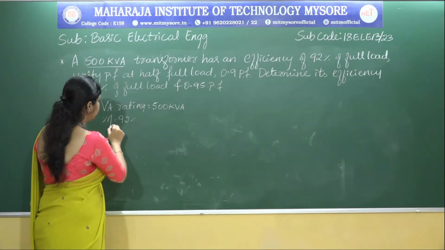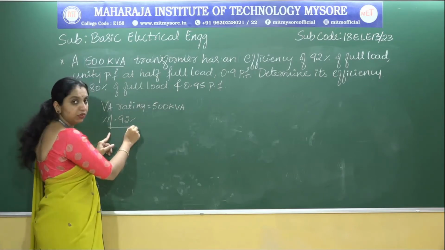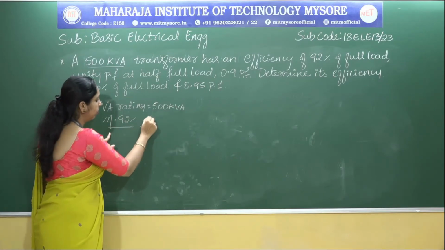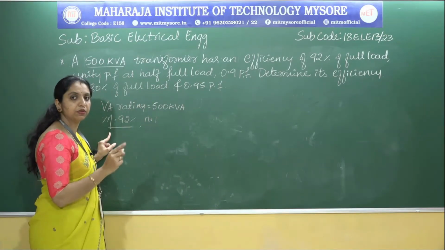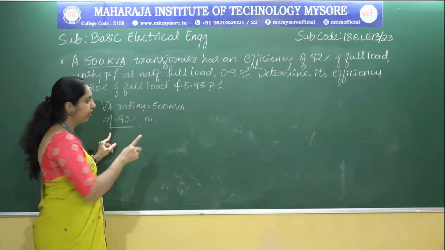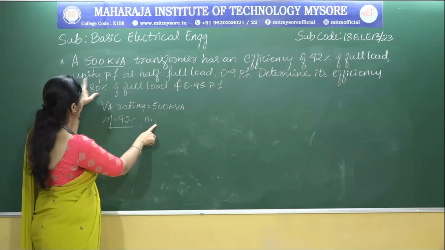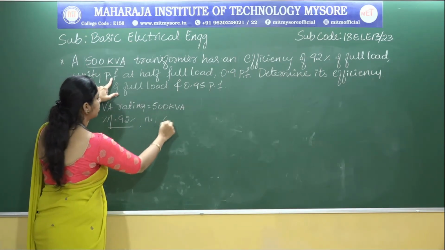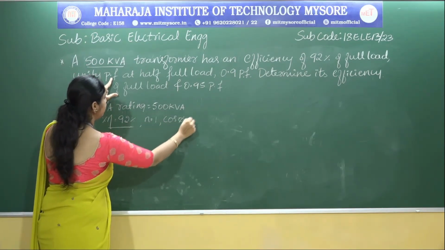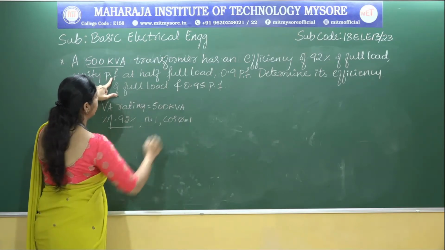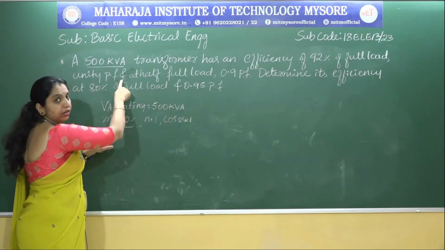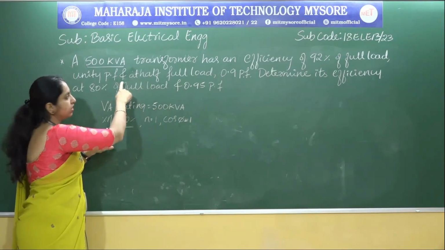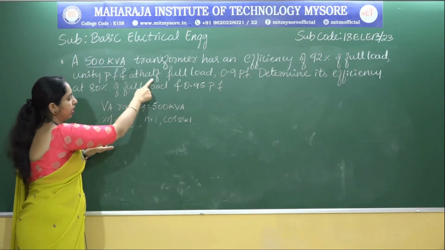Full load means, see here they have given the efficiency value considering n equal to 1, because they have clearly given it is at full load, and unity power factor. That means cos phi is equal to 1. It is clearly given unity power factor, cos phi equal to 1, and the same efficiency 92% at half load.